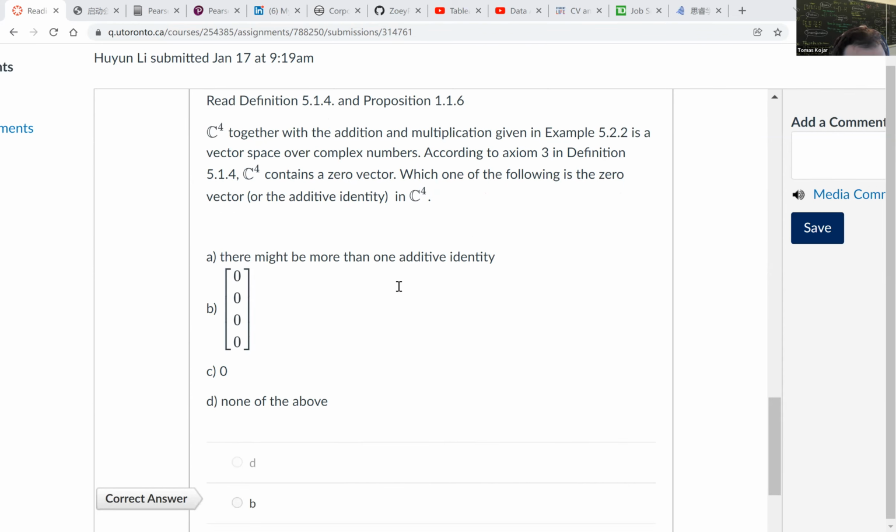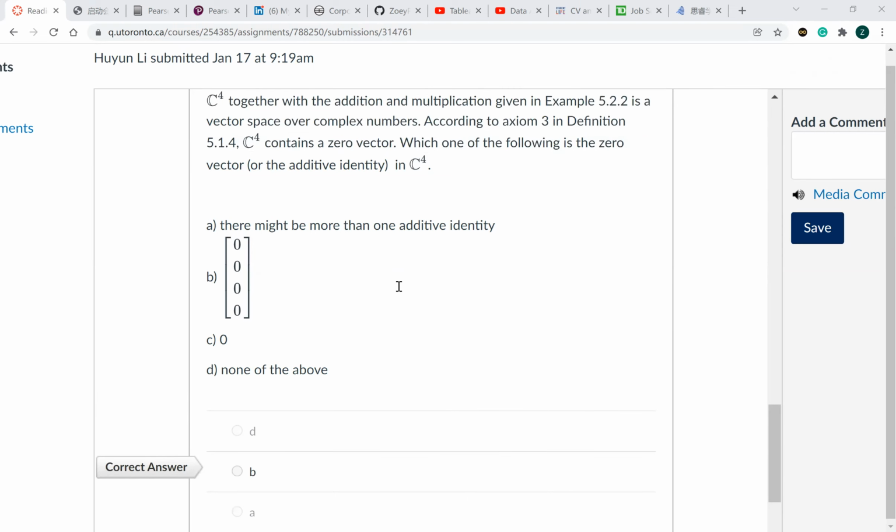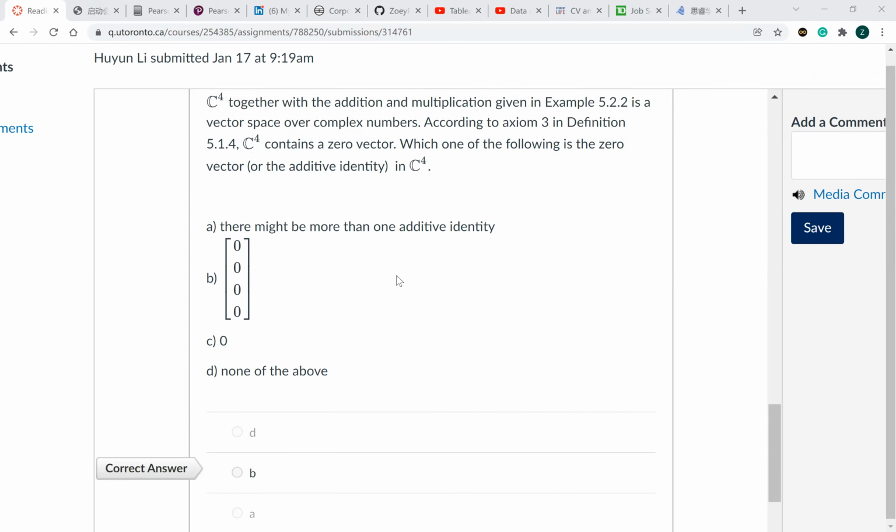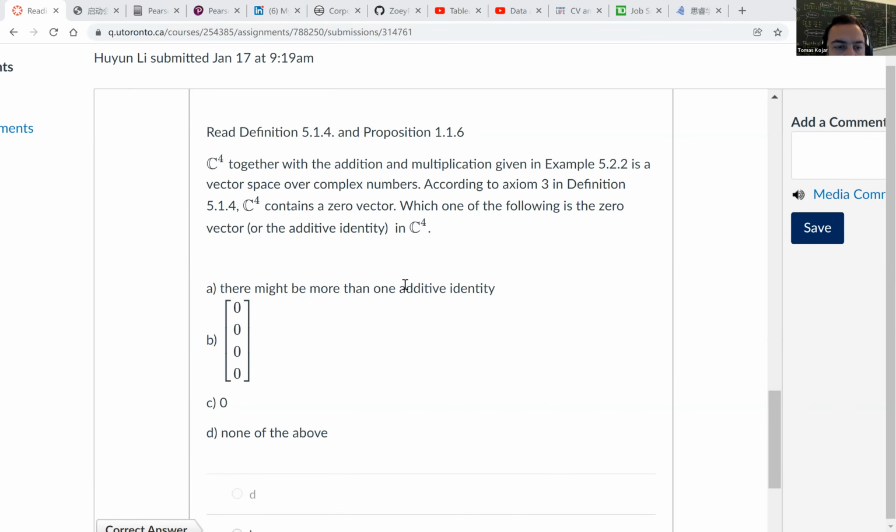I think for the complex number, it should be 0 plus 0i, which is equal to 0. But this is C4. C4 is a vector space. It's like A plus iB, C plus iD, E plus iF.